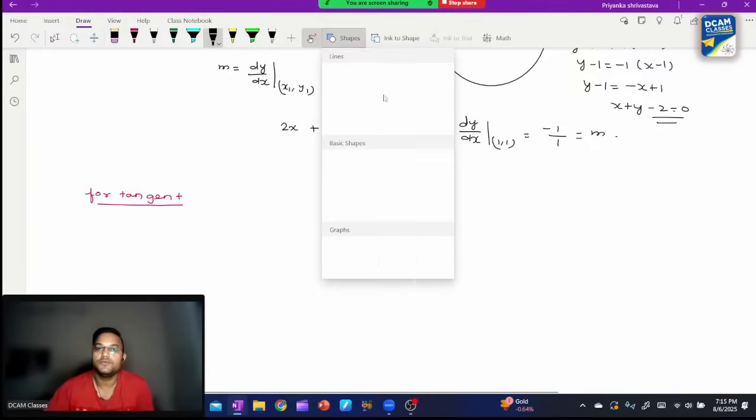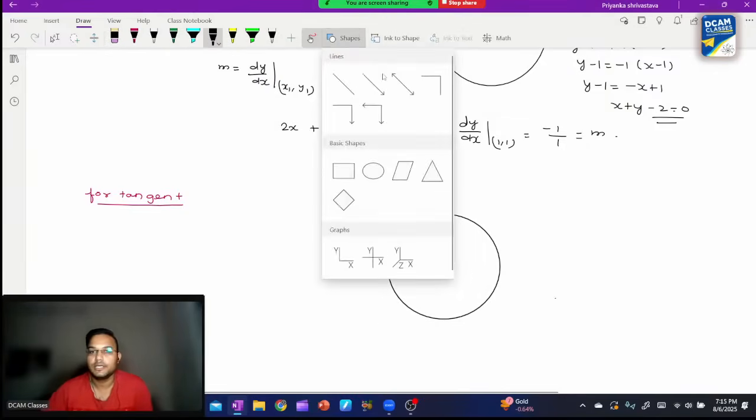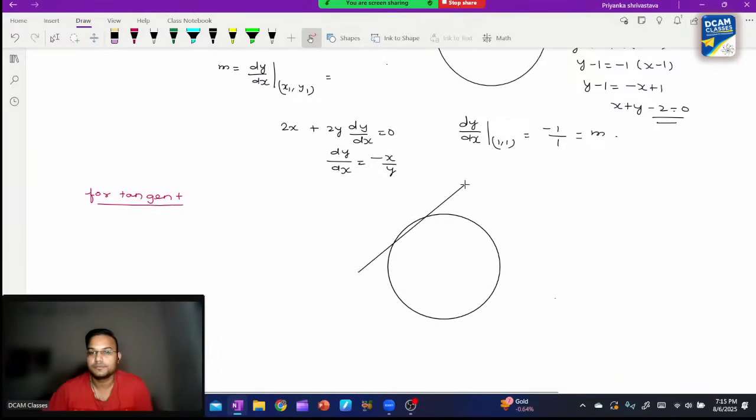Suppose you need to find the equation of tangent to a circle. For example, the circle equation was x square plus y square is equal to a square. You have to find out the equation of tangent at (x1, y1).